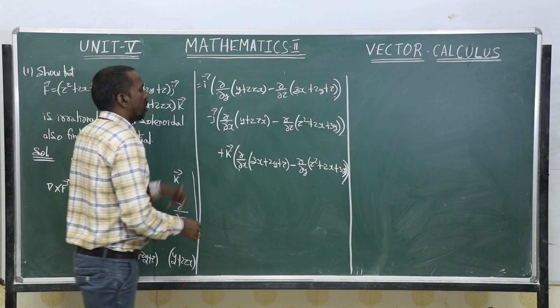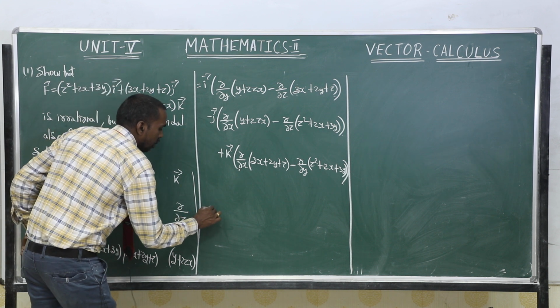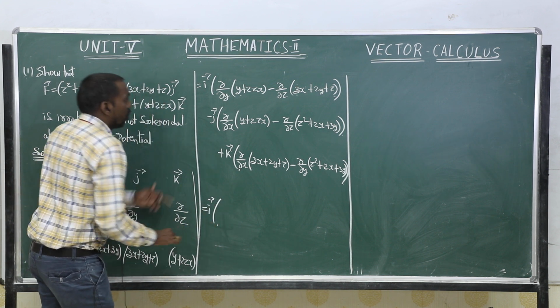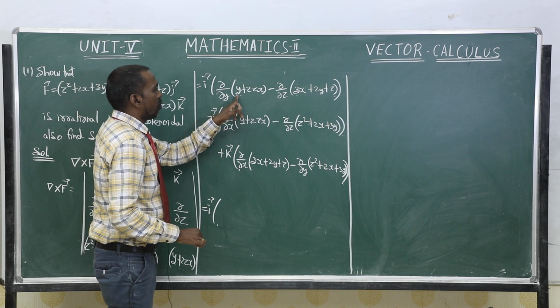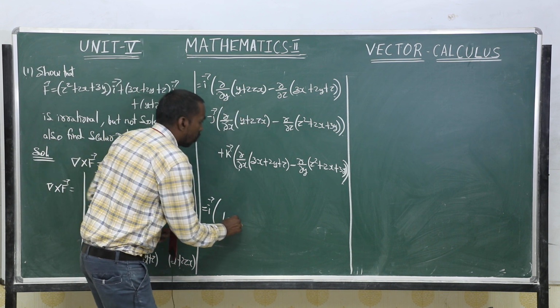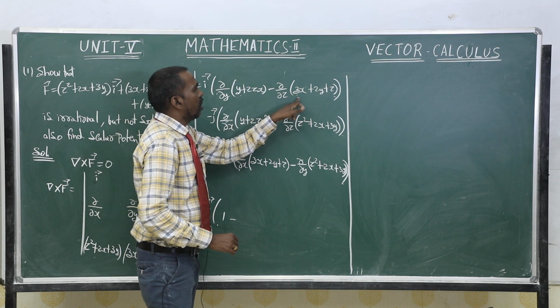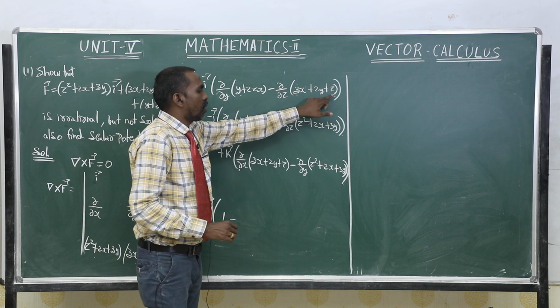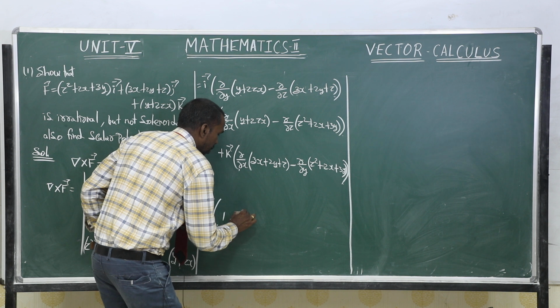Now we have to find the derivatives. So i vector into del by del y of y + 2zx is only 1, minus del by del z of 3x + 2y + z is also only 1. So 1 minus 1 makes it 0.